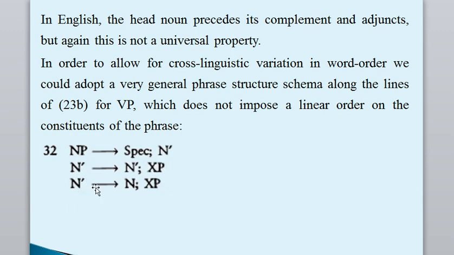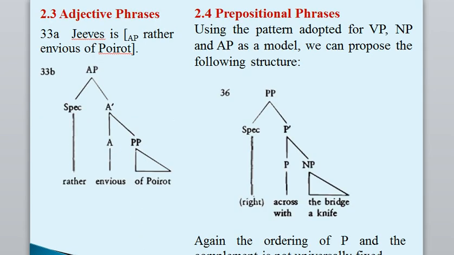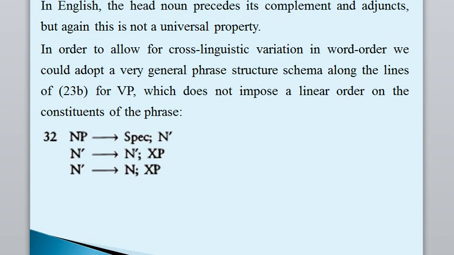Then at last, N1 bar consists of the head N and then XP. This shows the universal property of each language, because we may change the order of these elements, for example in English or Japanese or Persian or Arabic or other languages. So this is again the differences between languages, which shows the variation between languages.